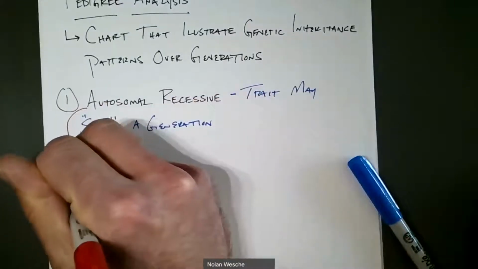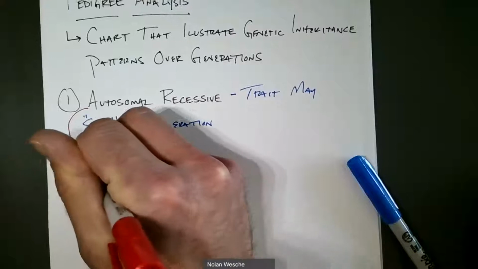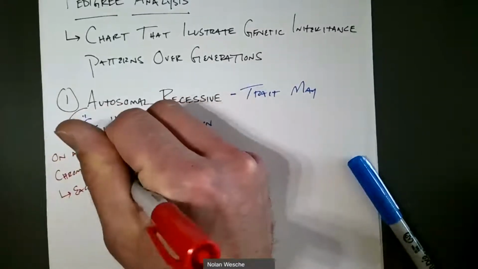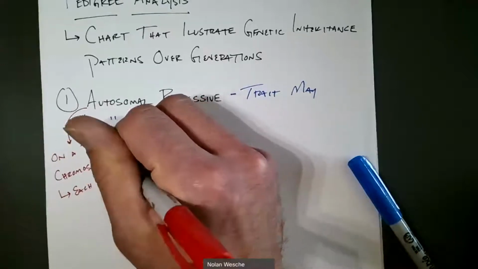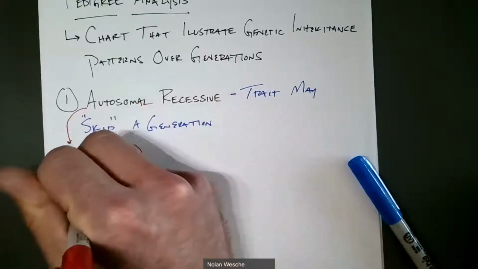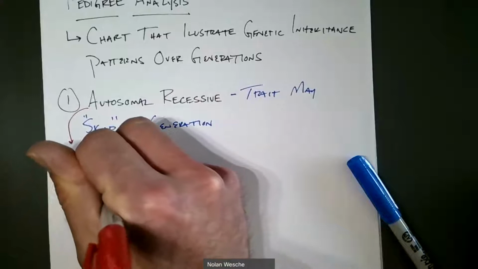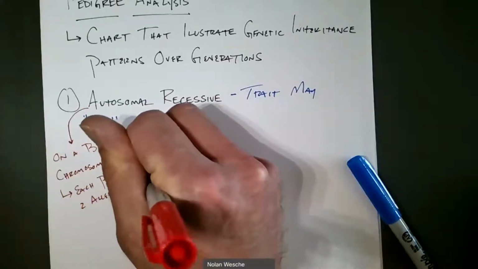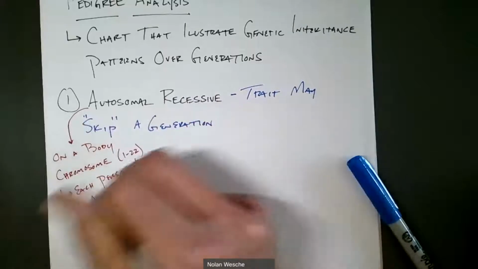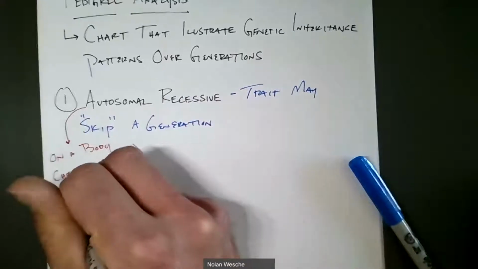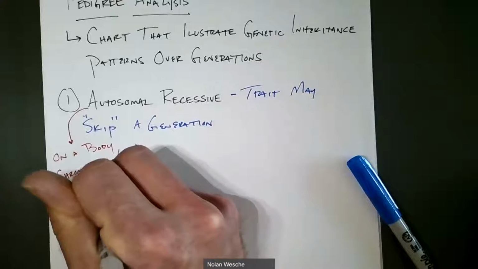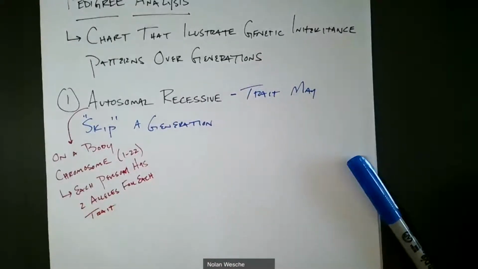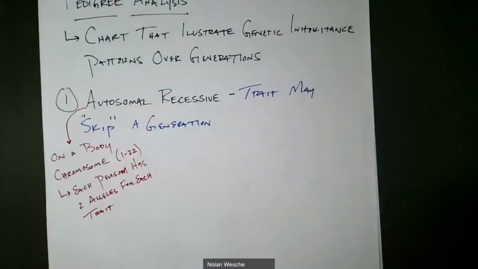And again, each person in the pedigree will have 2 alleles for each trait. So this means if it's on an autosome, each person is going to have 2 alleles for each trait. So they're going to get 2 letters assigned to their genotype. Again, we'll draw what this means.